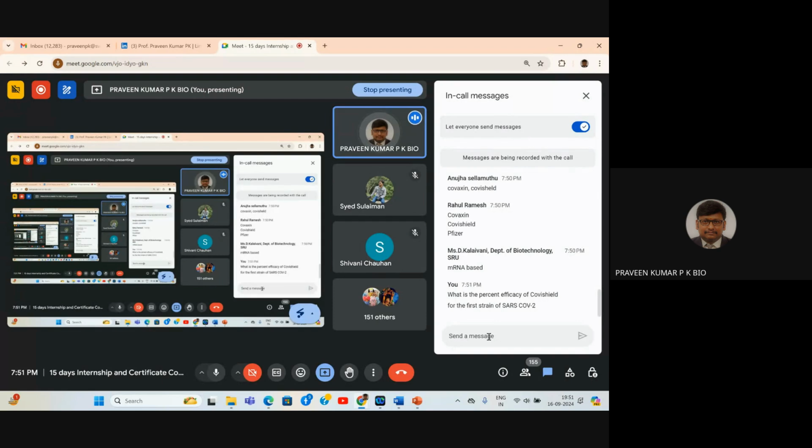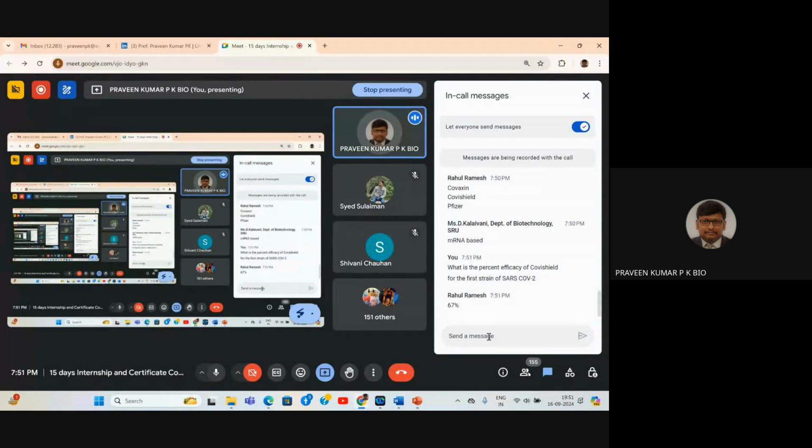So many strains are there. For each and every strain, you have nearly 6 to 8 mutations. So whatever vaccine was initially discovered, Covishield or Covaxin, can be used only for the first strain of SARS-CoV. It can't be used for the other 99 strains.